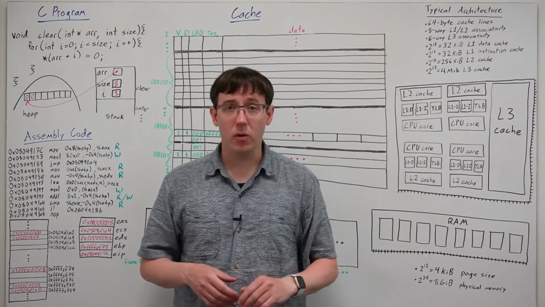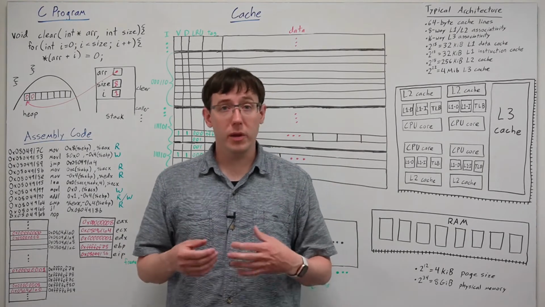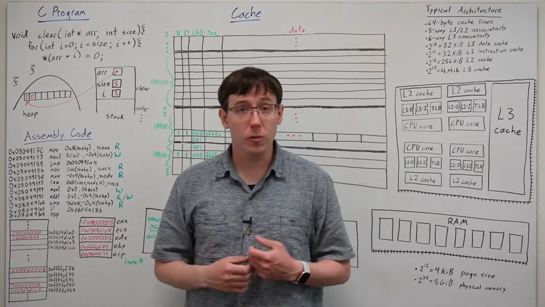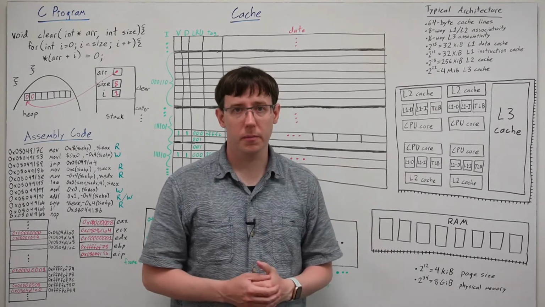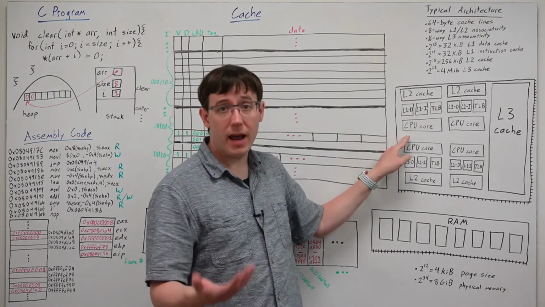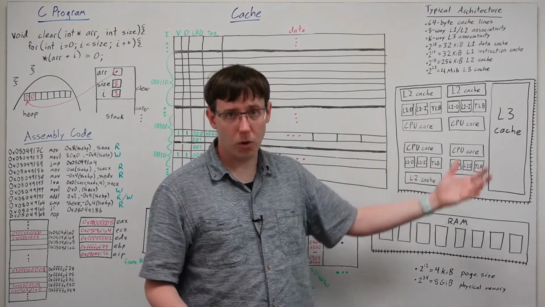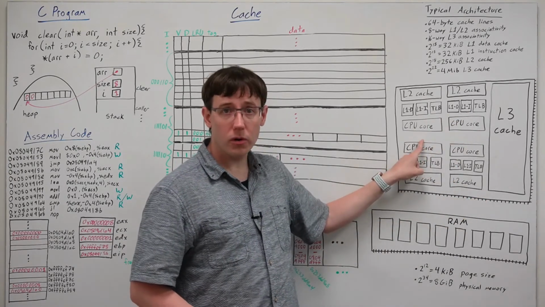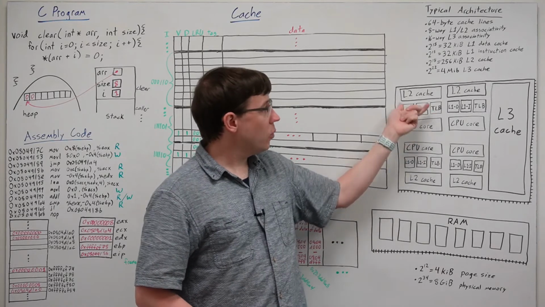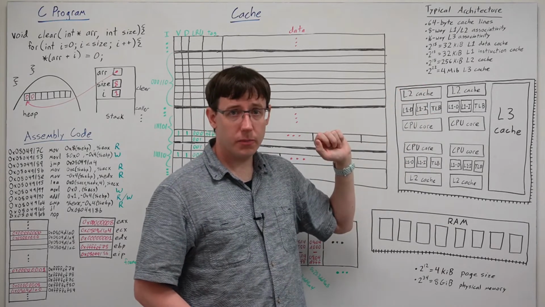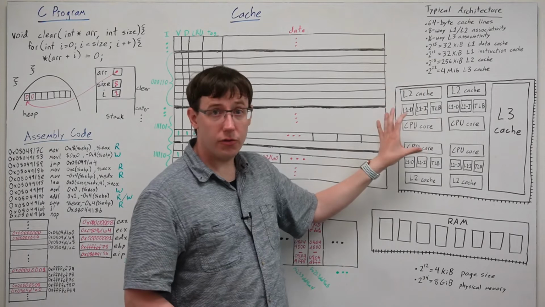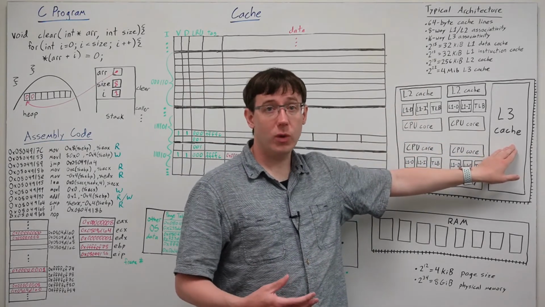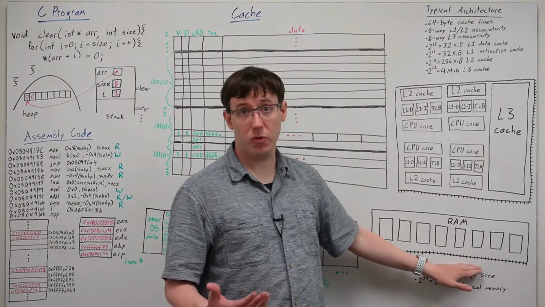So let's think about what's going on when we perform these various memory operations in terms of the whole memory hierarchy. I've illustrated here an abstract representation of a 4-core CPU, and for each of these CPU cores, we have level 1 and level 2 caches, and all 4 of the cores share a level 3 cache as well as the system's main memory.